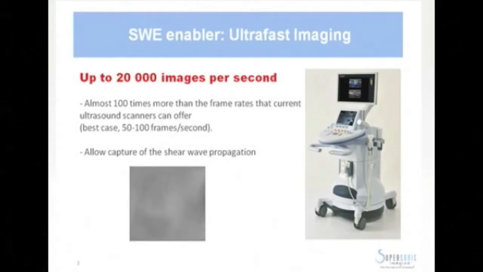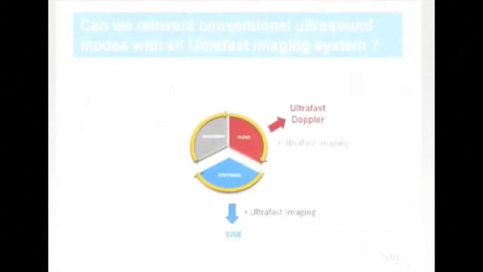This is more than 100 times more than the frame rates that you can find on the current ultrasound scanners that you can see on the booth here. Typically, frame rates are on the order of 50 to 100 frames per second. So this allows, as I said, to capture the shear wave propagation and to compute shear wave elastography.